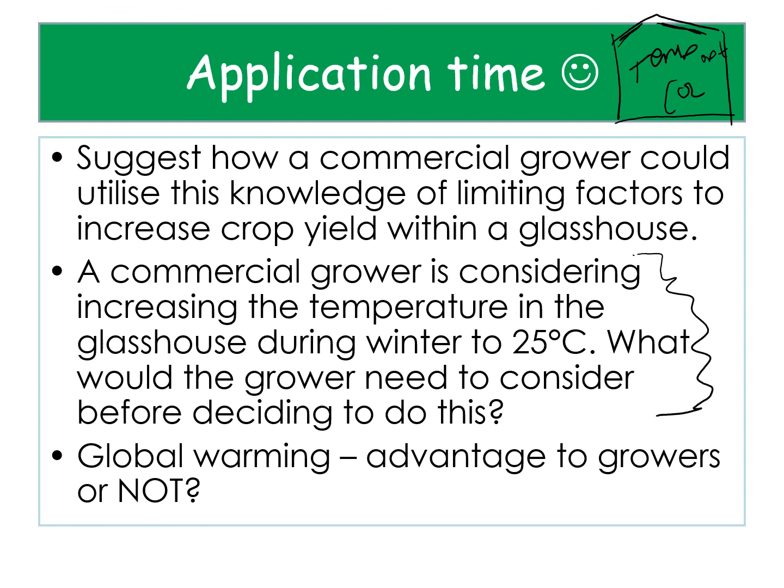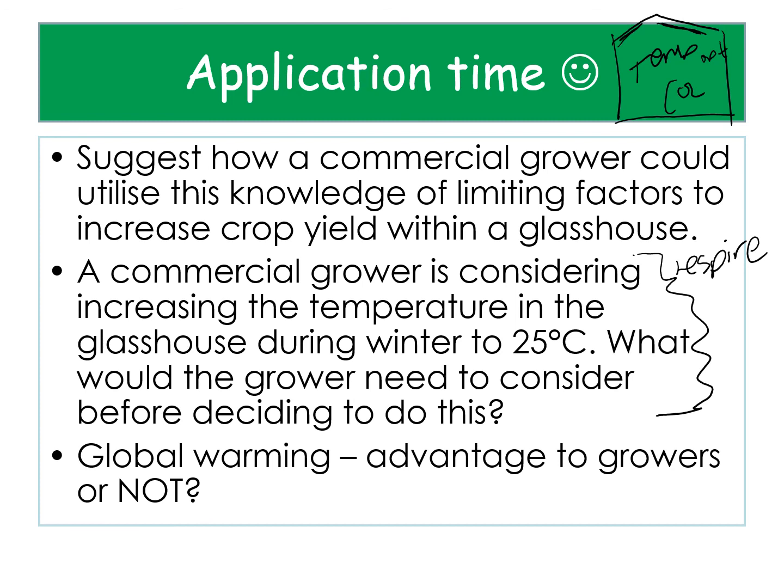But even worse than that, if you were to heat your crop under those conditions, you could cause an increase in respiration rate of your crop. Respiration is an enzyme catalyzed reaction as well, but it's not limited by light, so you could increase the rate of respiration, and that could lead to the plants using glucose up, which would then limit the growth of the plant.